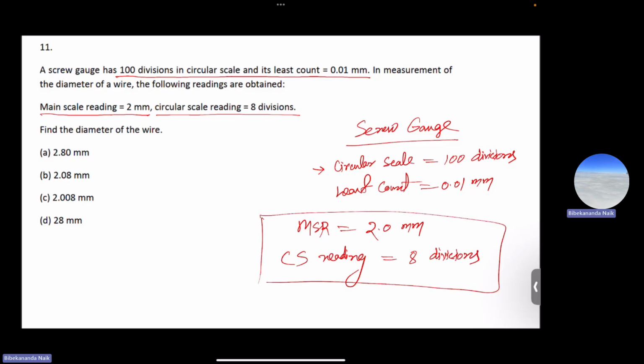So with this information we need to find out the diameter of the wire. I'll give you a few minutes to solve this problem, and then we will discuss what will be the correct answer.